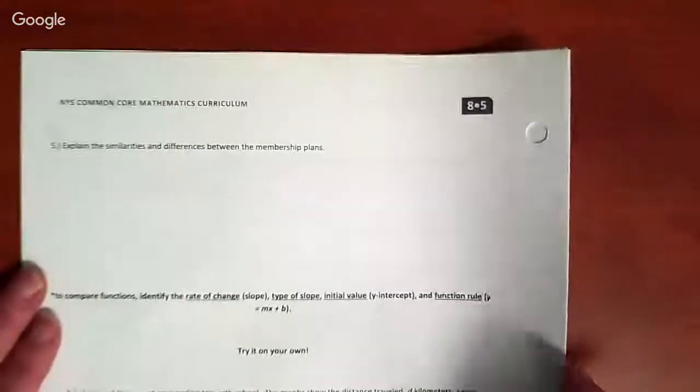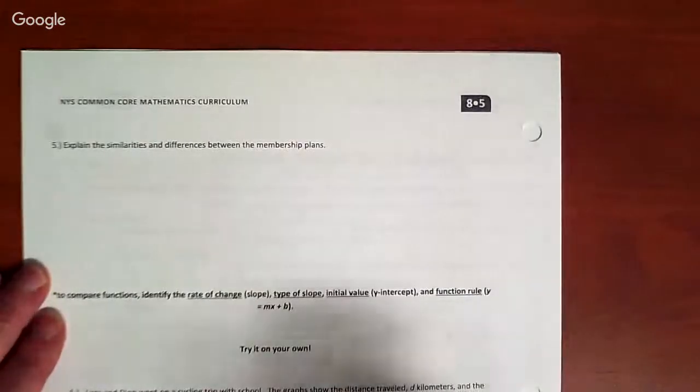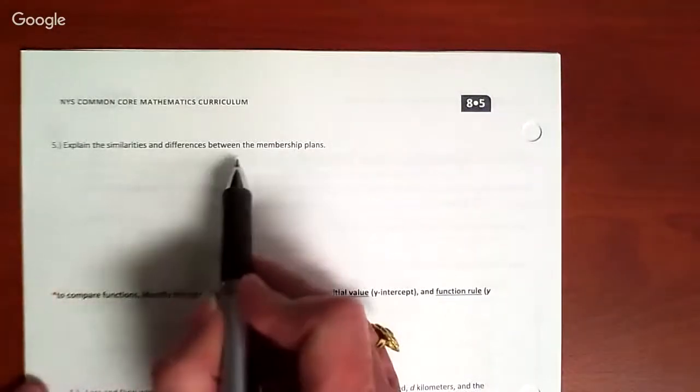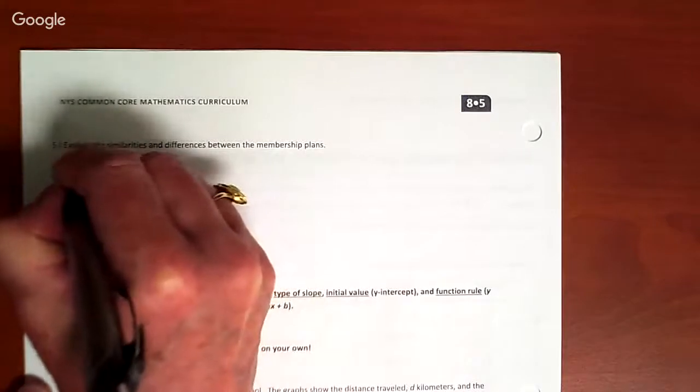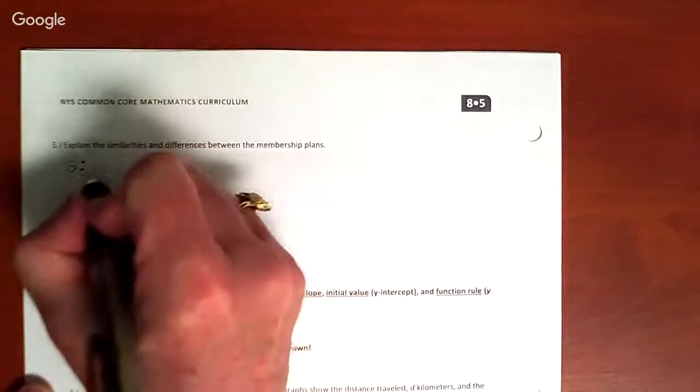So next it says, explain the similarities and differences between the membership plans. Well, the similarity is they both have positive slopes.